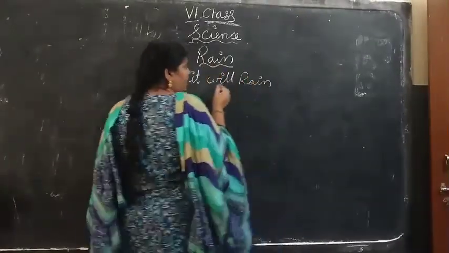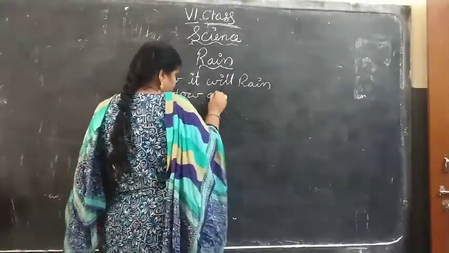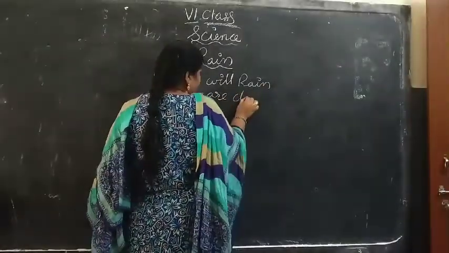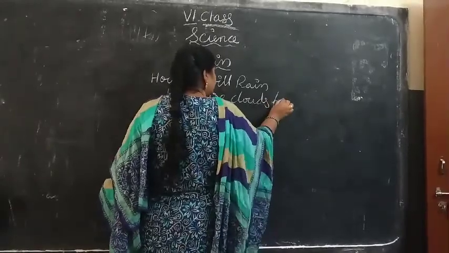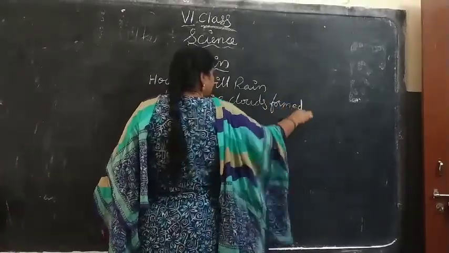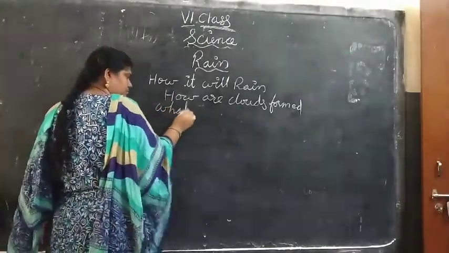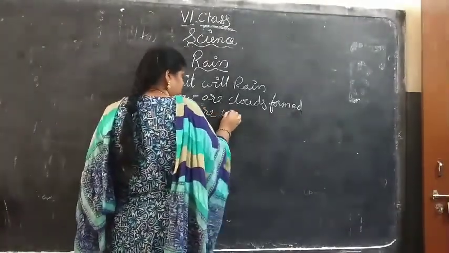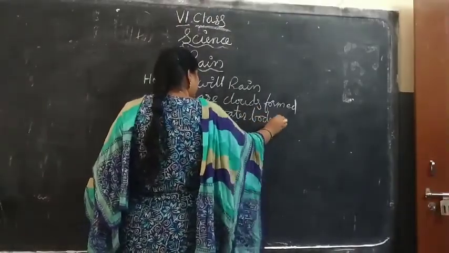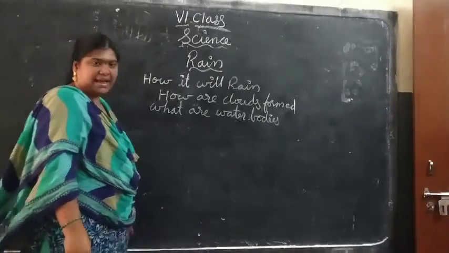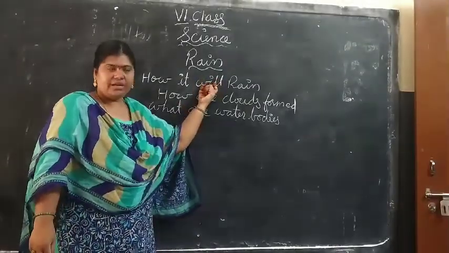Okay. Next we will talk about how clouds are formed. Next, what are water bodies, meaning how the water bodies help in the occurrence of rain.